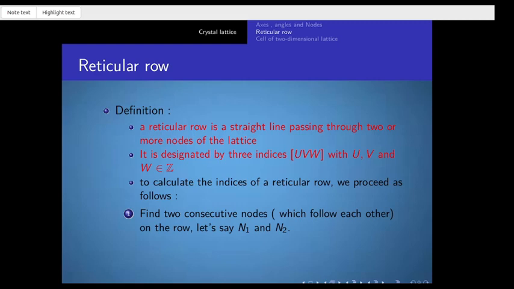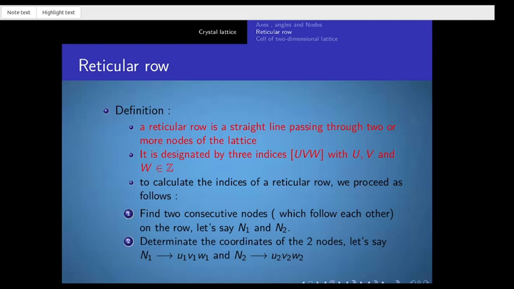Let us say the nodes N1 and N2. The second step, we have to determine the coordinates of the two nodes. Let's say the node N1 with coordinates u1, v1, w1, and the node N2 with the coordinates u2, v2, w2.